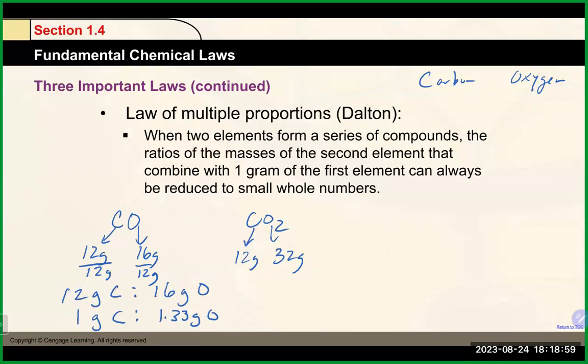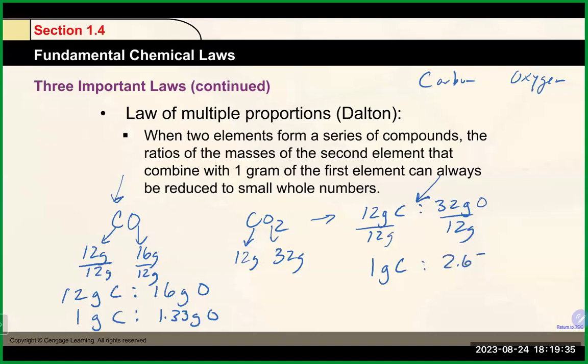If we do the same thing over here with CO2, we essentially have 12 grams of carbon for 32 grams of oxygen. We divide everybody by the 12 grams, so we are comparing apples to apples. Here we did it per gram of carbon, and we're going to do it here per gram of carbon as well. That would give us 1 gram of carbon gets us 2.67 grams of oxygen at that point.